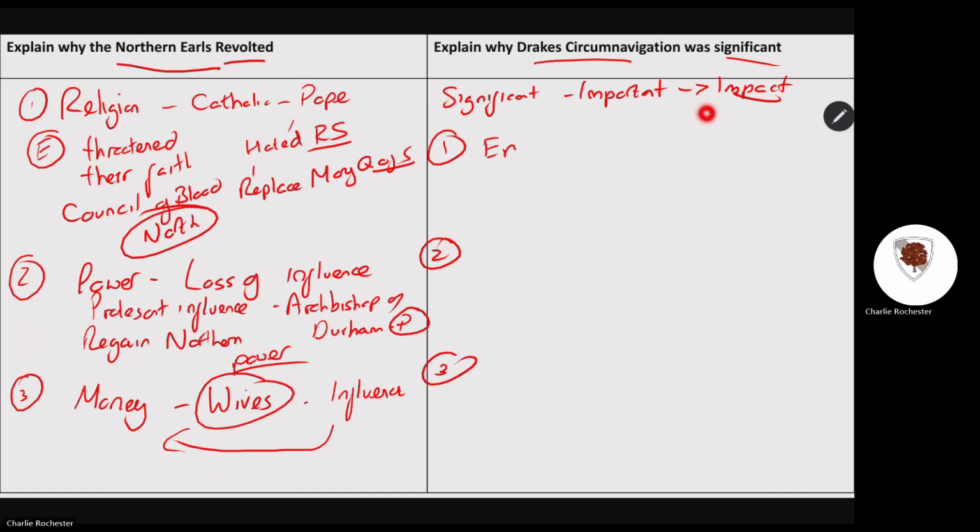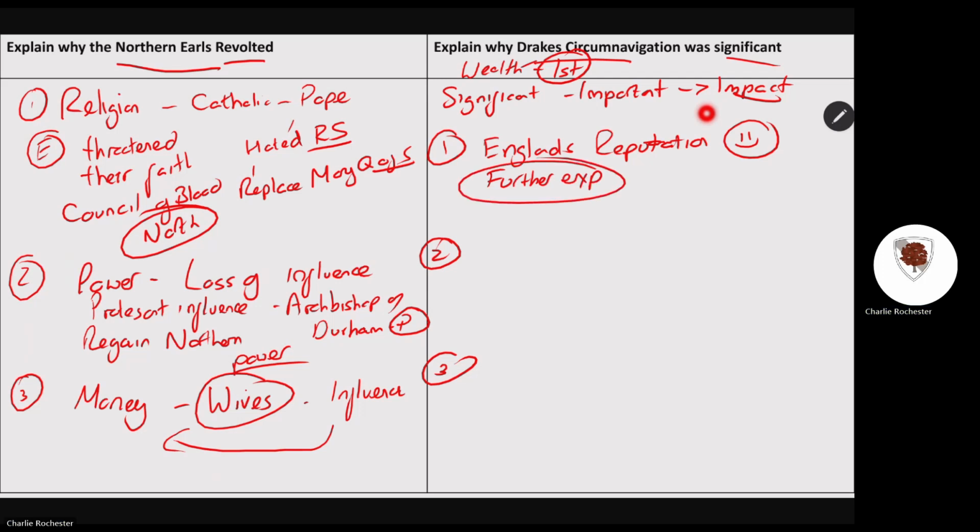Firstly, England's reputation was boosted. Remember, the circumnavigation gained lots of wealth, but it was the first time that an Englishman had done this. It also encouraged further exploration. It's really important to England's economic wealth.